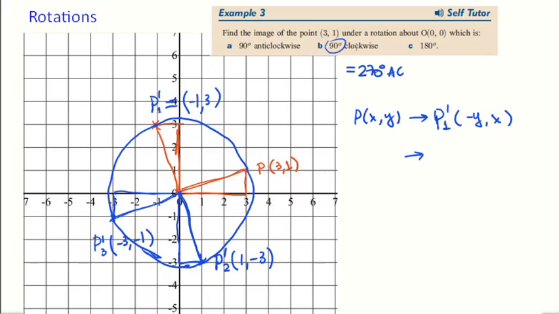If we're doing 90 degrees clockwise, our P2', which is the same thing as 270 degrees anti-clockwise, so this is 270 degrees positive, this would be negative 90 degrees according to our frame of reference. Our P2' here would be (y, negative x). So it's the same thing, but with signs flipped. And our P3', which is the same as our point but with signs flipped, so negative x and negative y.